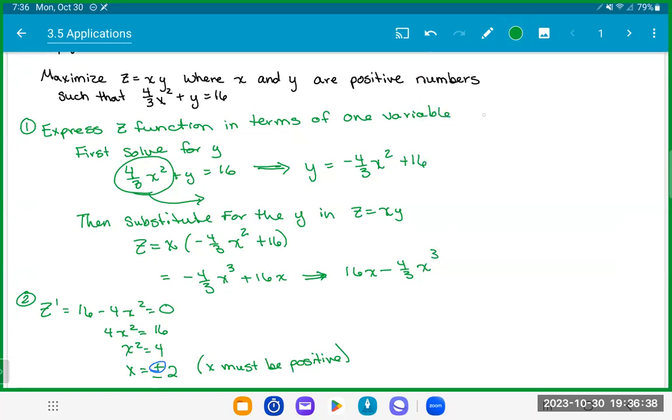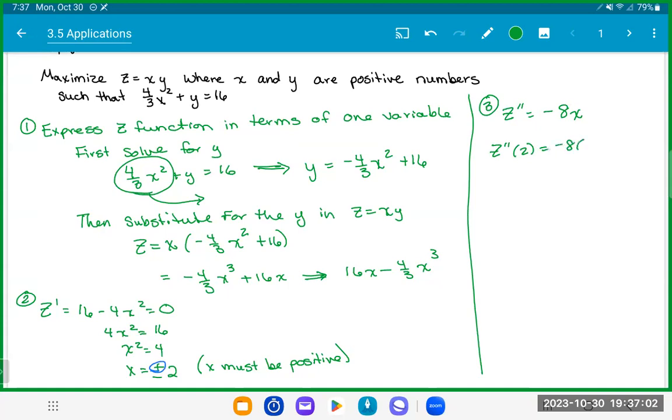Okay, so I'm going to bring that up over here since I ran out of paper. So number 3, let's look at our second derivative, and that is negative 8x. We'll apply z double prime, that's our second derivative, at positive 2.